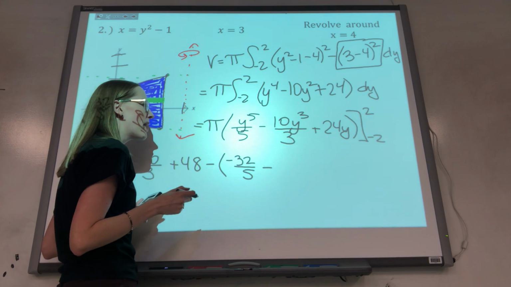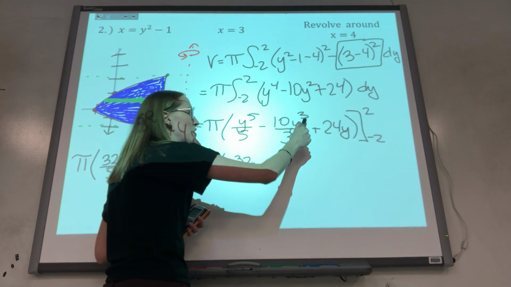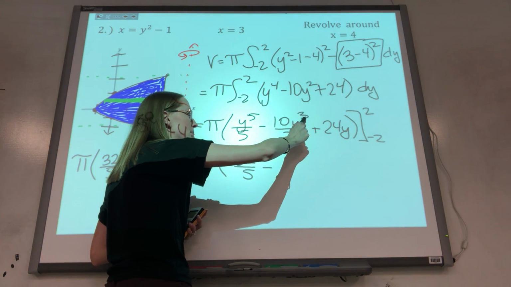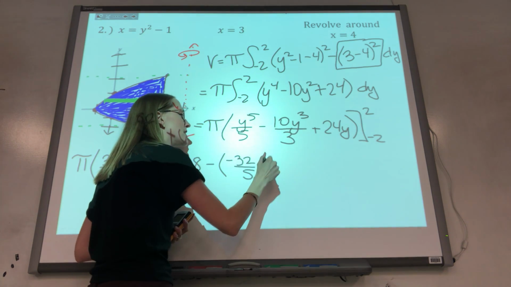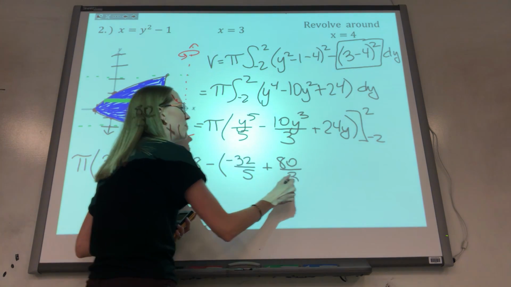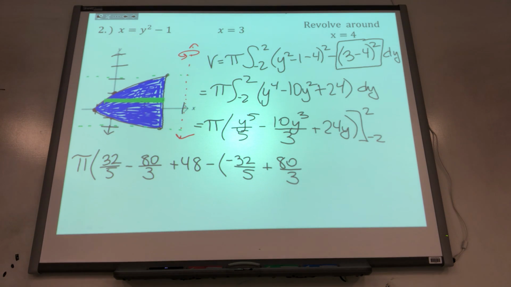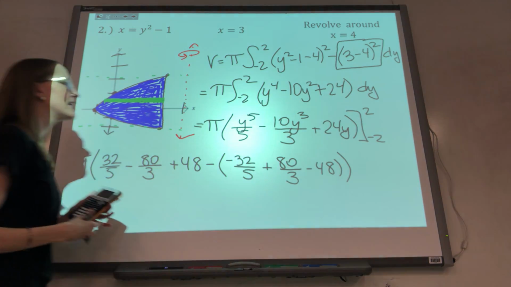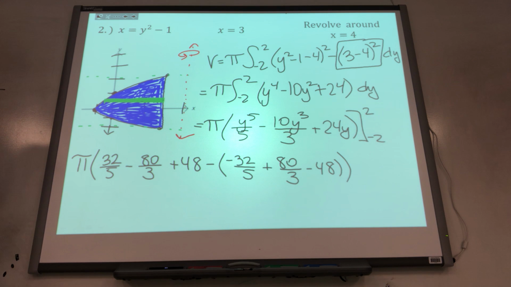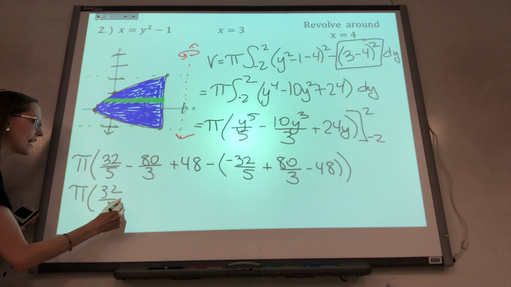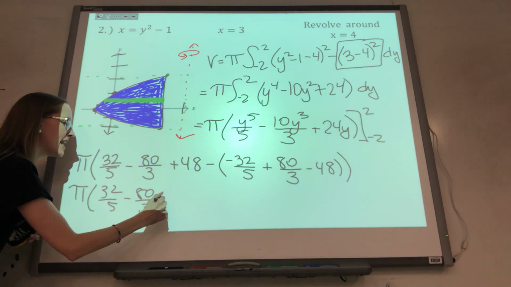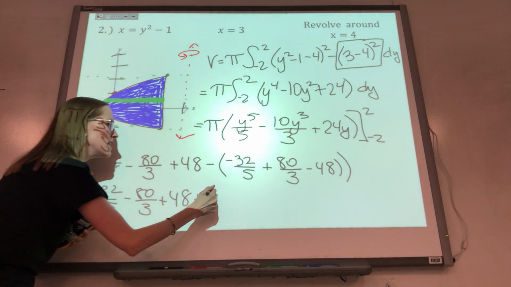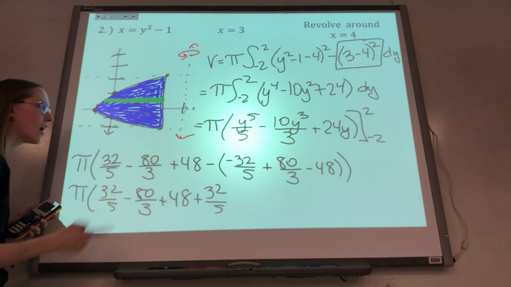I will have to distribute my negative in a second, but I'll get there. Minus, now let me think about this real quick. -2 to the 3rd is -8. By the time I take -10 times -8, that should end up being a plus 80/3. And then 24 times -2 is -48. So I'm going to distribute the negative sign real quick and then type everything into my calculator.